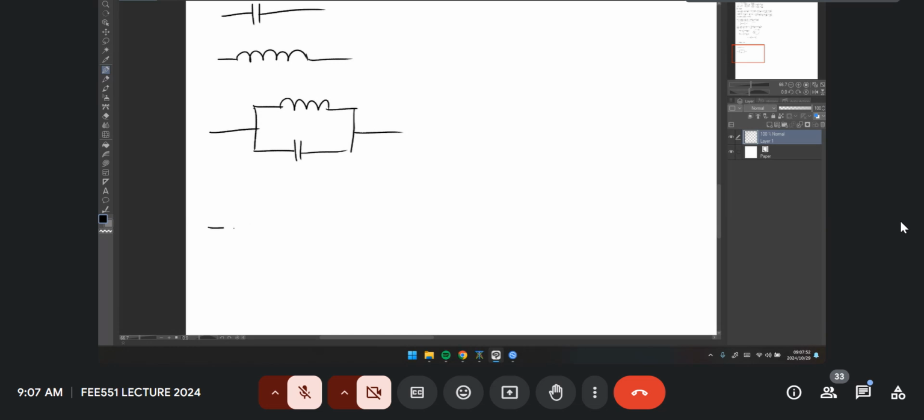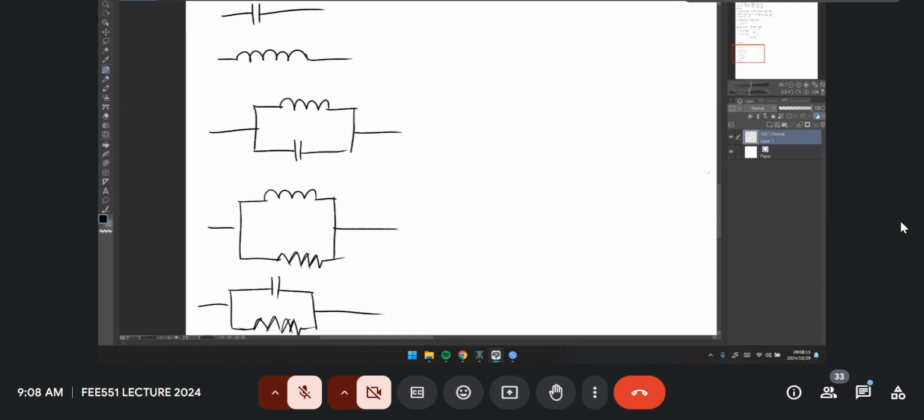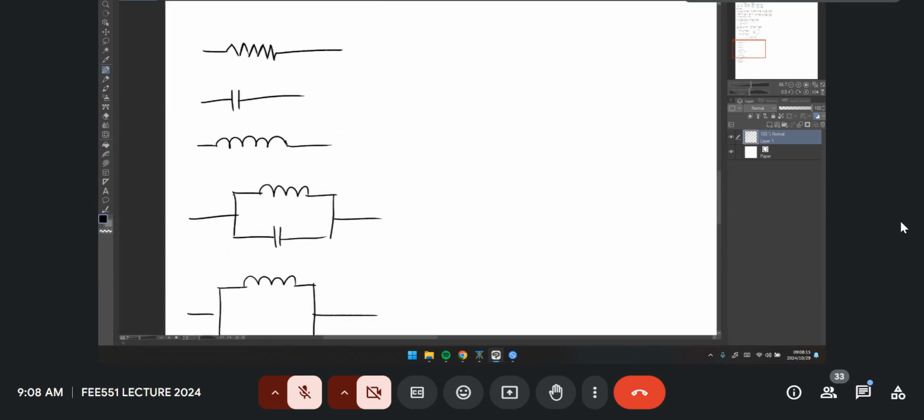We can have an inductor with a resistor, and you can have a capacitor and a resistor. This will help in synthesizing our networks.